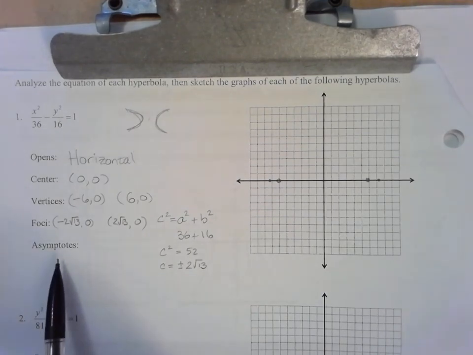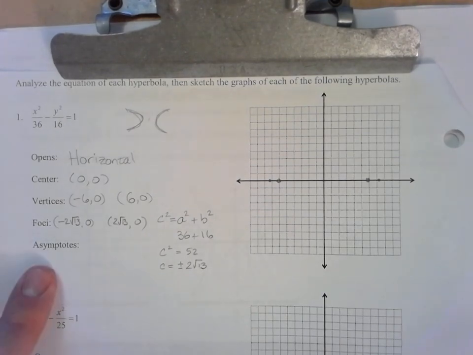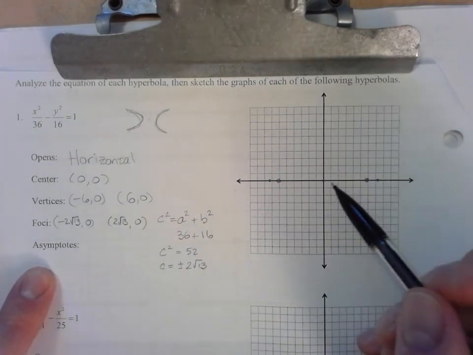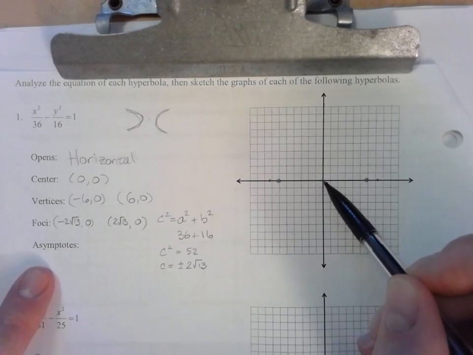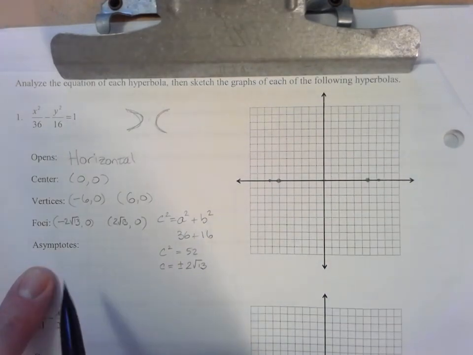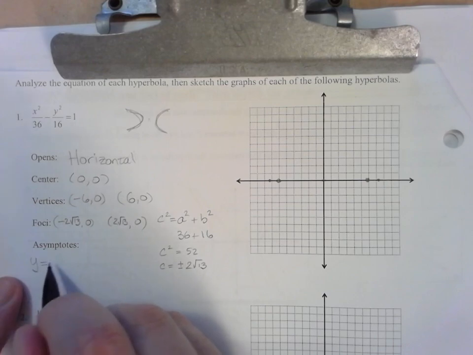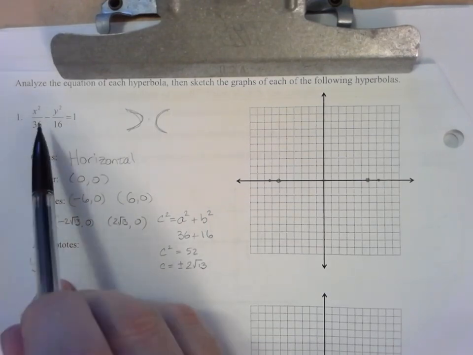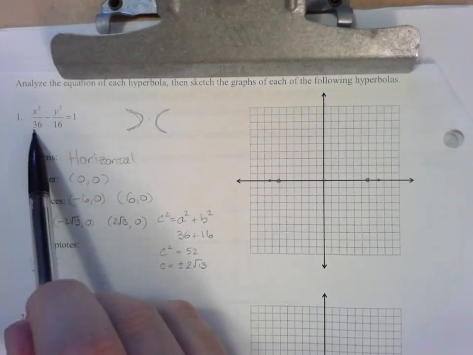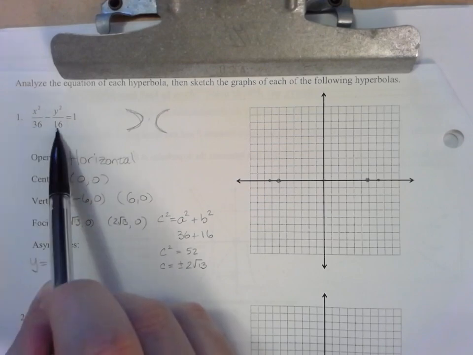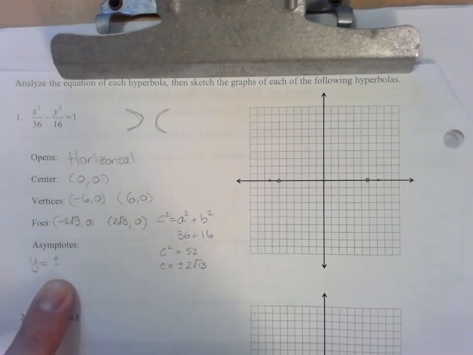All right, here comes the exciting part. This is what's going to make or break your graph. What are the equations for the asymptotes? The asymptotes are going to pass through the center, so I want them to pass through 0, 0. The slopes of those asymptotes are determined by the change in y and the change in x. Square root of 16 divided by the square root of 36.